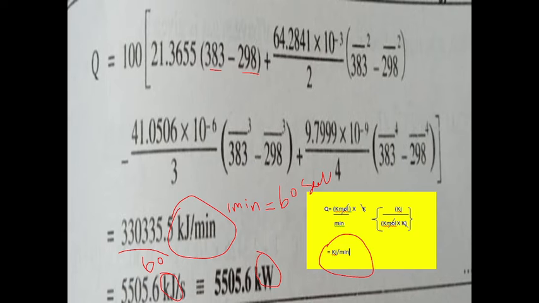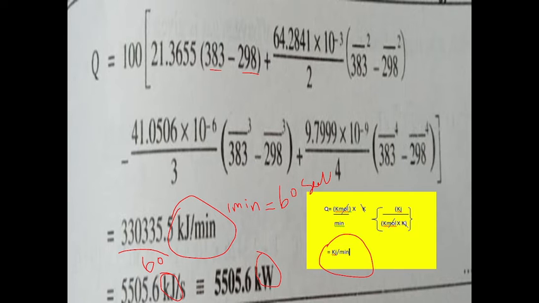Okay. So if you want kilojoule per second, what do you do here? 1 minute is equal to, what is that? 1 minute is equal to 60 seconds. Is that right or wrong? Okay. So here divide this value by 60. 335.5 divided by 60.